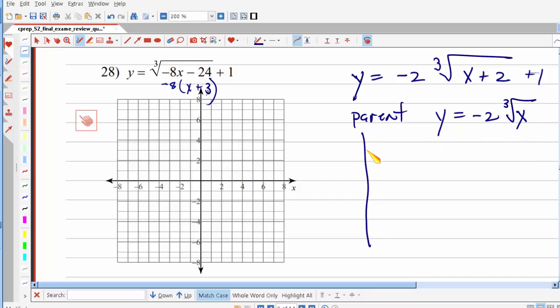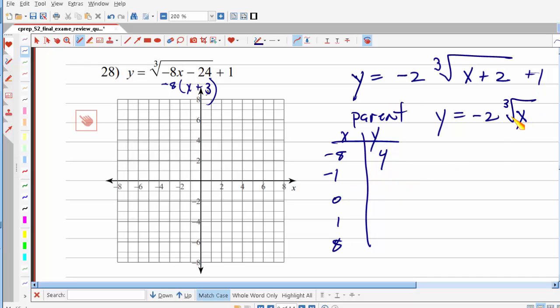So if I do my table of values with -8, -1, 0, 1, and 8, I get the cube root of -8, that's -2, I get 4.